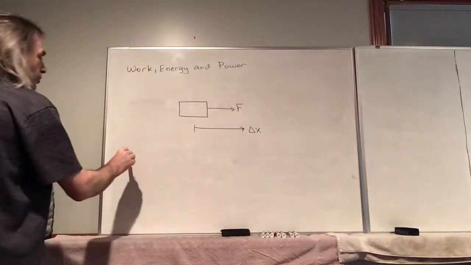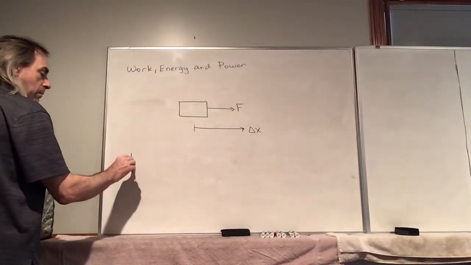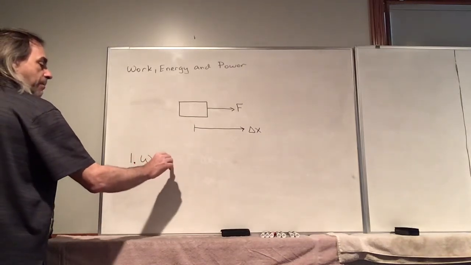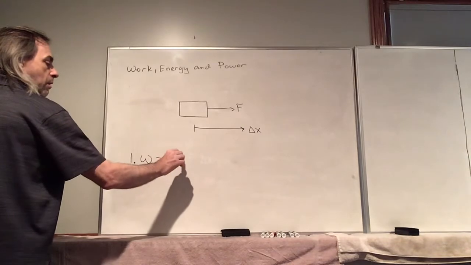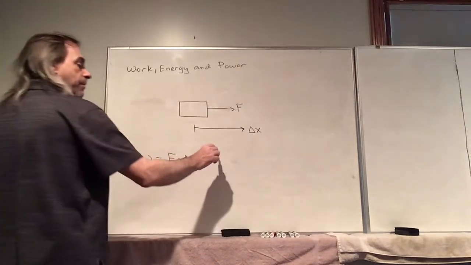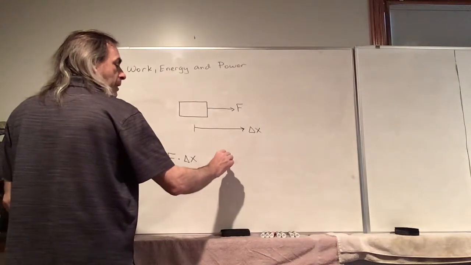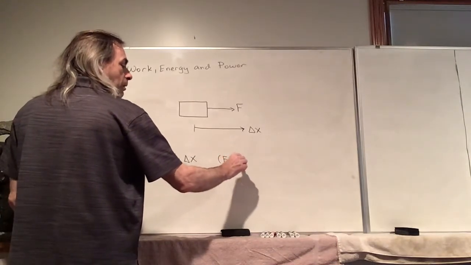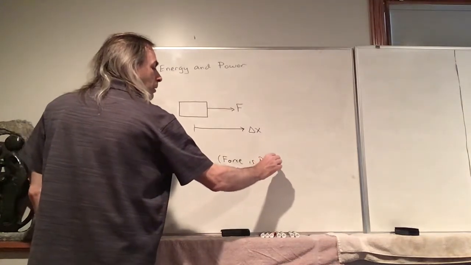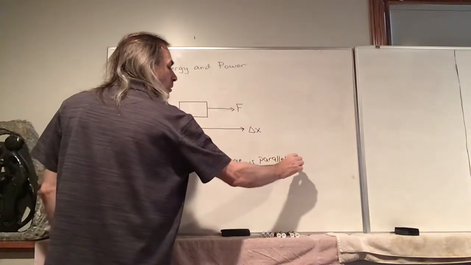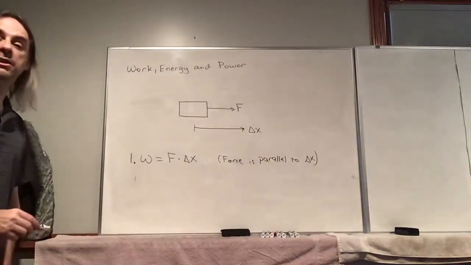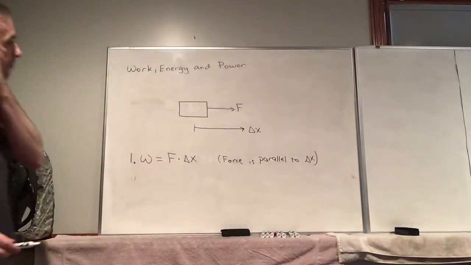Let's call this case 1. In this case, the work is simply going to be the force times displacement. So here, let's say force is parallel to displacement, and so you simply multiply the two.